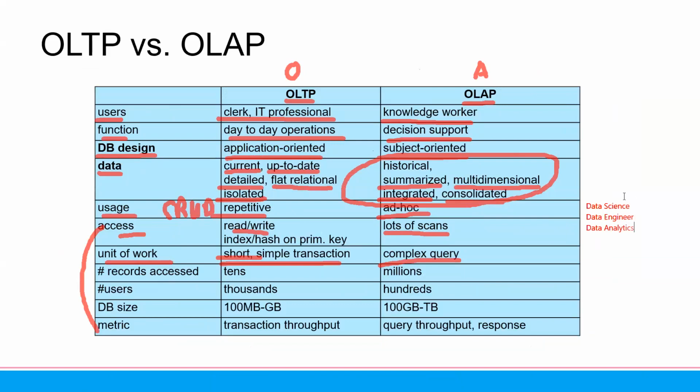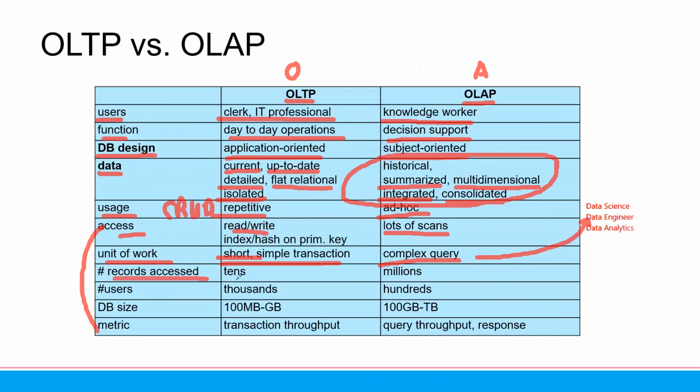For data science, you need to know what is the data, how to create the attributes, how to transform the attributes. For data analytics, usually the person who understands data mining will do the analysis on the data. So the complex query, people from computer science who understand SQL, or maybe they are the data engineer.